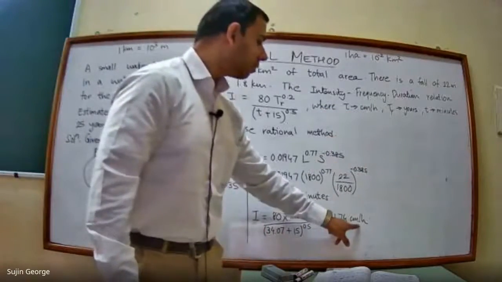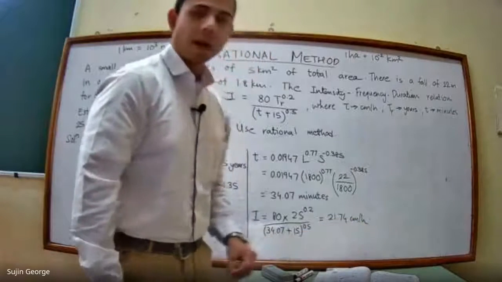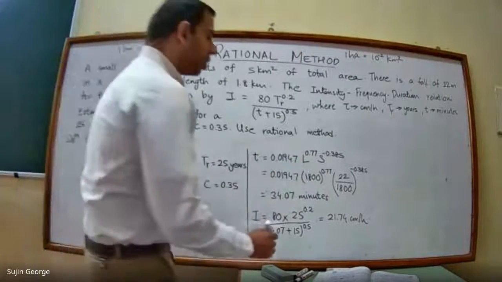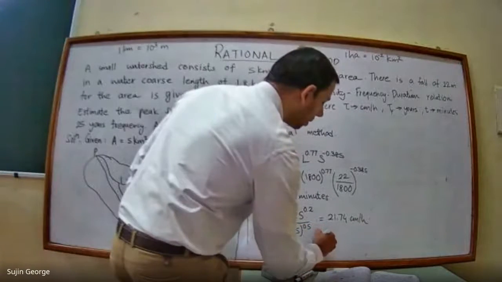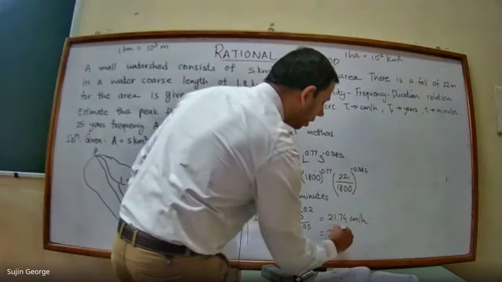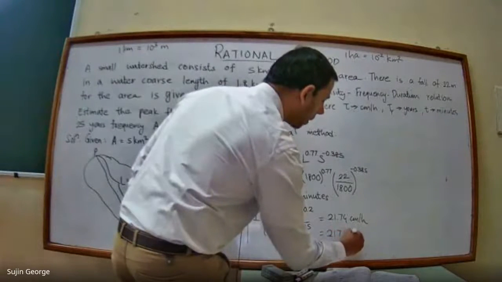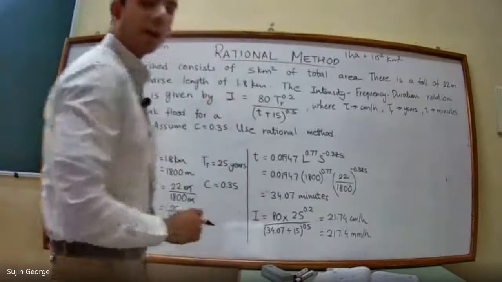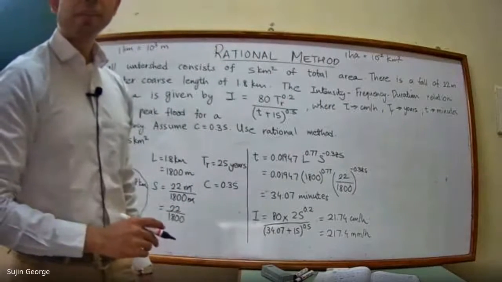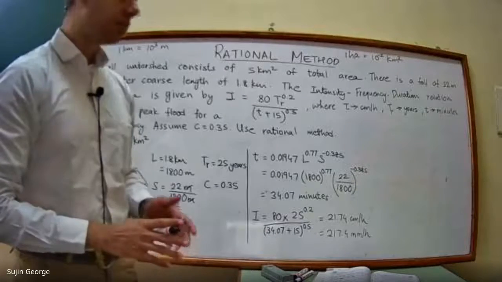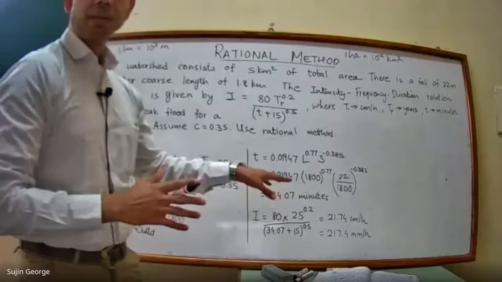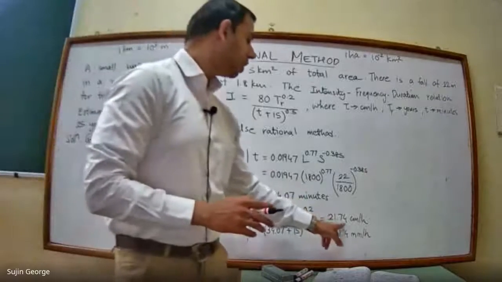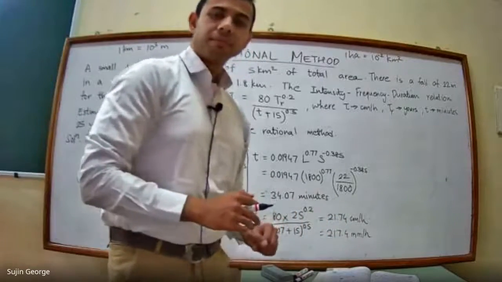But we will have to convert it to millimeter per hour. So when we convert to millimeter per hour, this will become 217.4 millimeter per hour, because 1 centimeter is 10 millimeter. So we have to multiply this by 10.